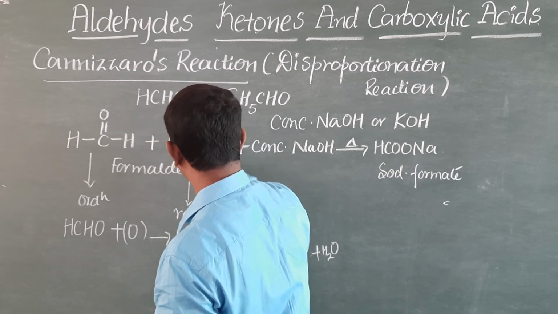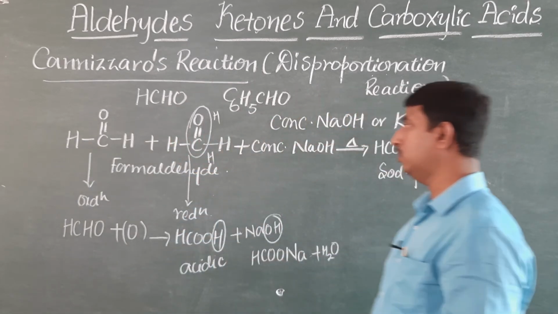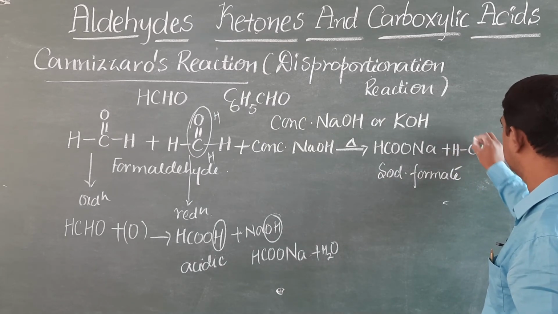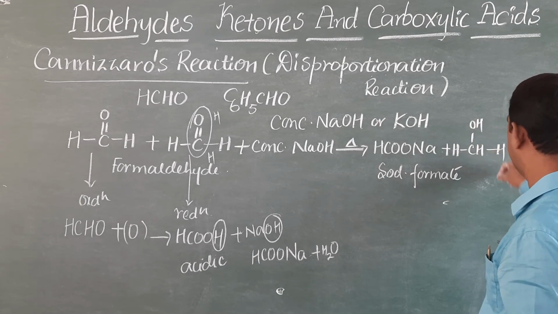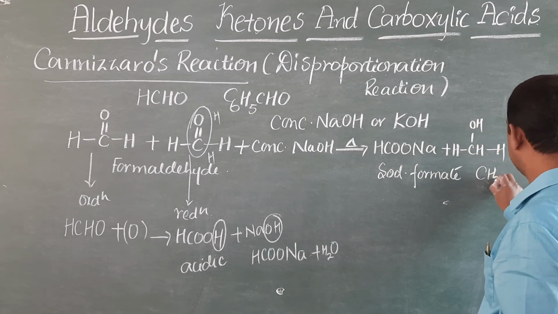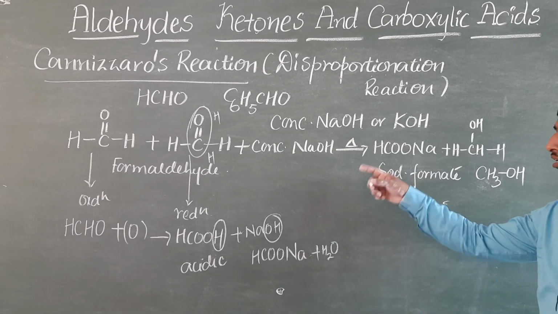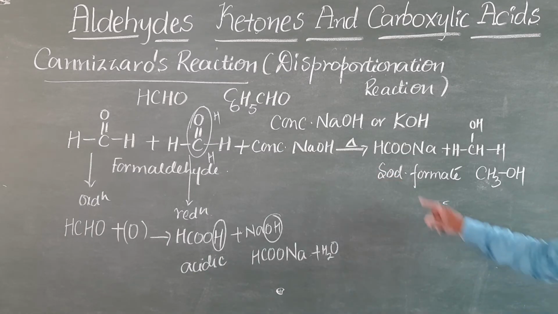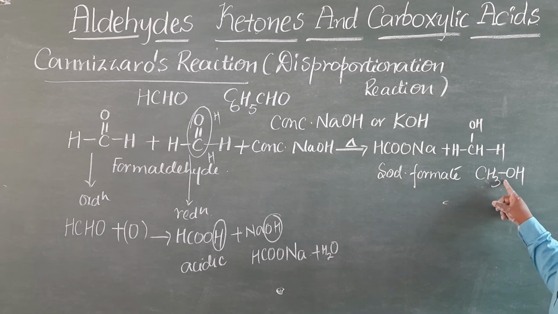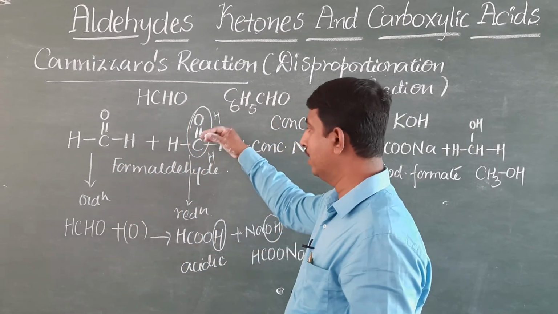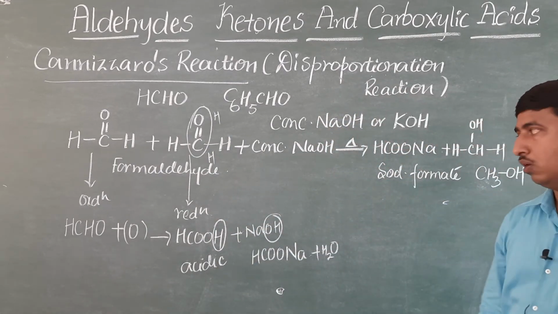One hydrogen is added to oxygen, the other to carbon. The product formed is CH3OH. So formaldehyde heated with concentrated sodium hydroxide gives the sodium salt of formic acid along with a primary alcohol. Oxidation of an aldehyde gives a carboxylic acid, and reduction of an aldehyde gives a primary alcohol.